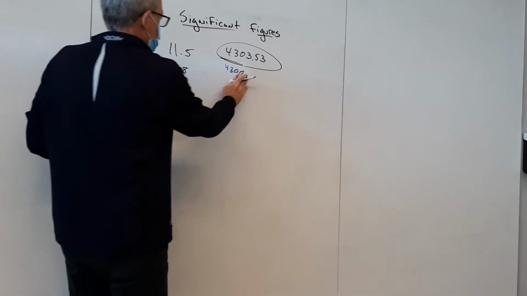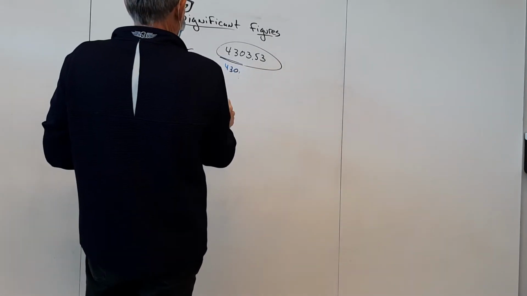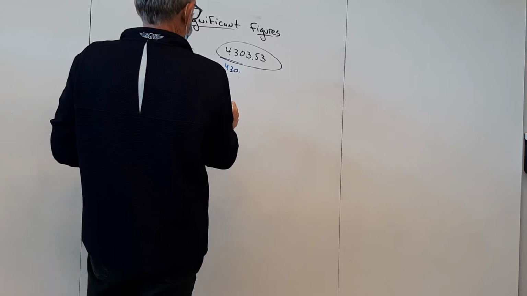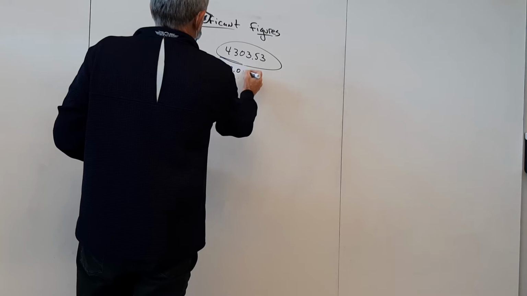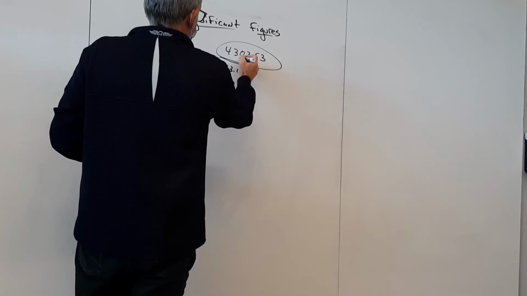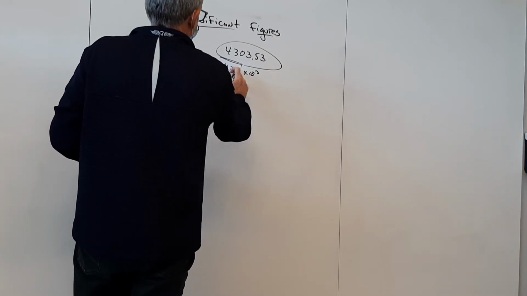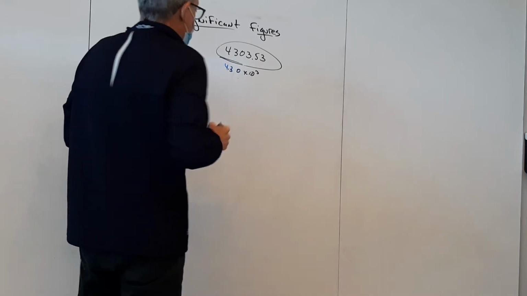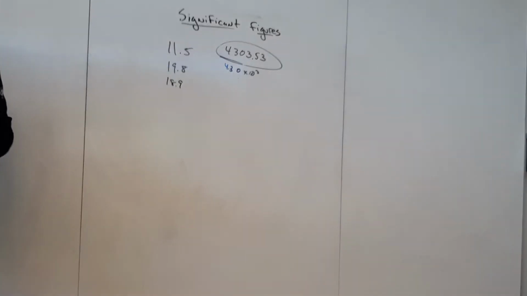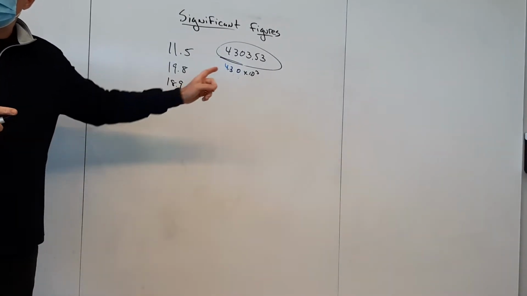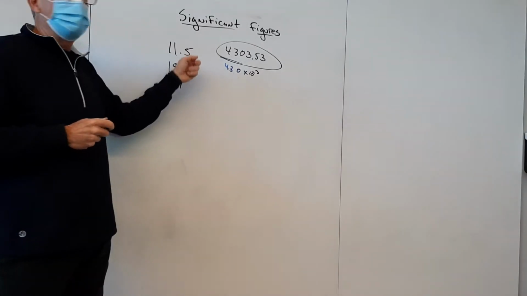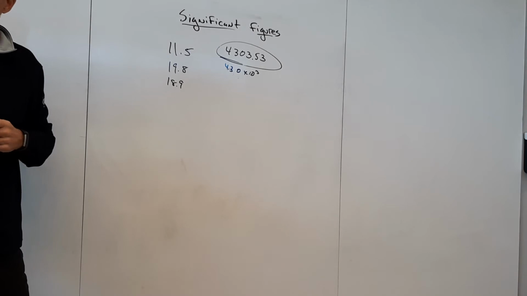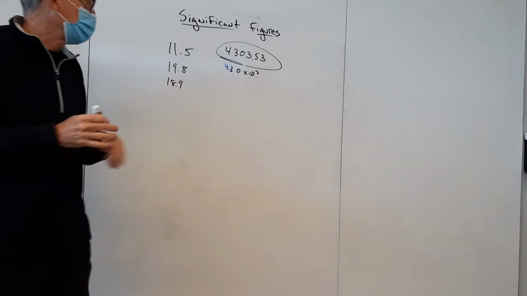Nope. It should be 4.30 times 10 to the third. And I'll explain to you why it should be that, based on what we use to measure. Okay? I'll get to that.